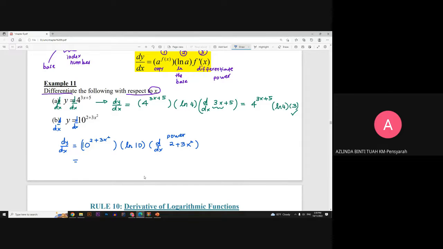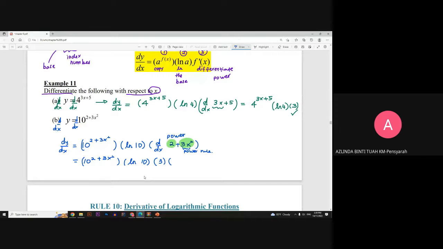So this is equal to 10 to the power of the function, and ln 10. Okay, differentiate 2 plus 3x squared must be done term by term. Differentiate 2 is equal to 0, so no need to write 0. Plus differentiate 3x squared by using power rule. If we take out 3, focus on x power of 2 to differentiate using power rule.